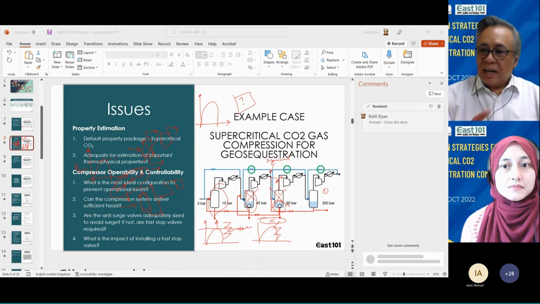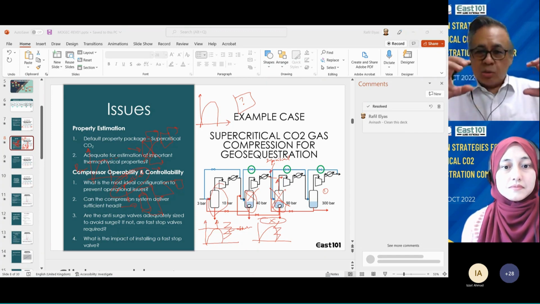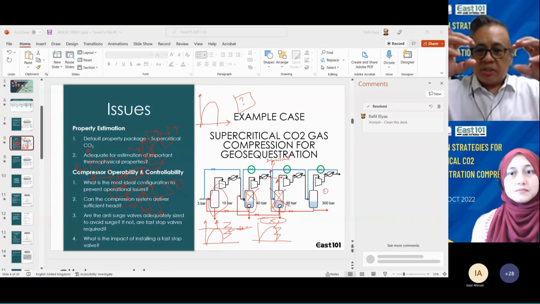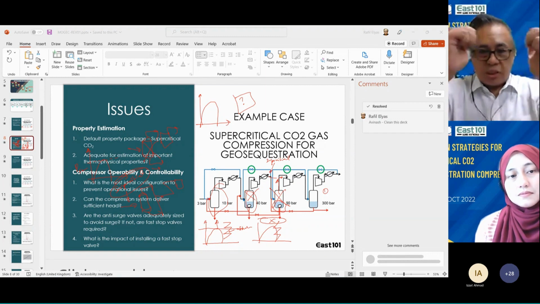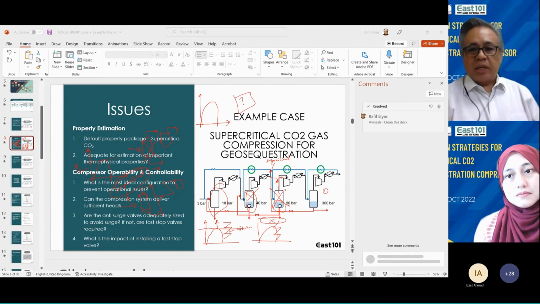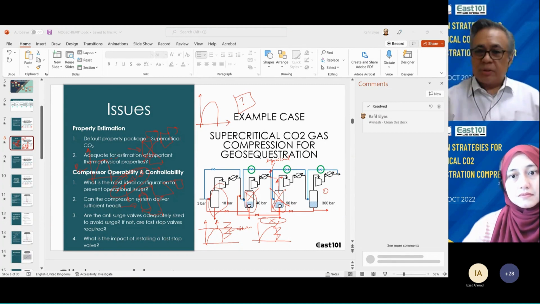HYSYS does not handle liquid very well. There's no bulk modulus or anything attached to the liquid, so the liquid is essentially considered like a block of lead. You can't compress the liquid at all. That's how the pump works, so you have to be careful when you use it. It's only for incompressible fluid.